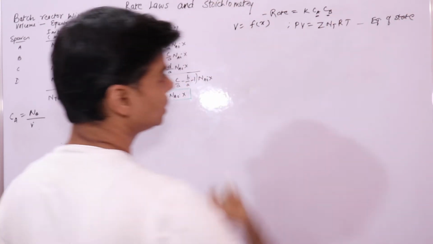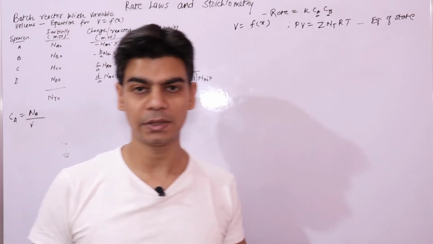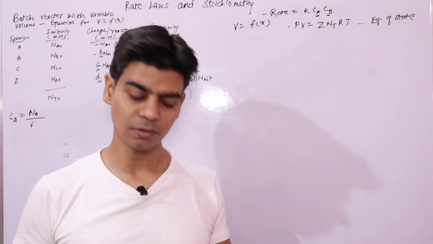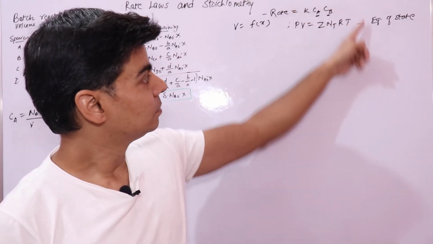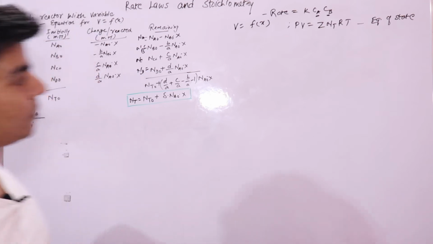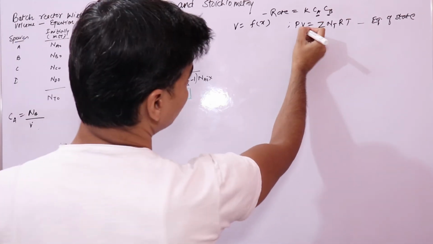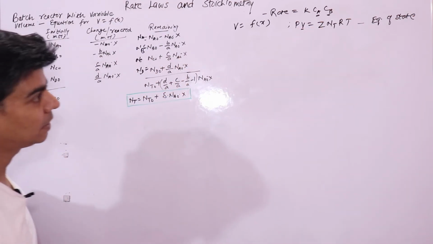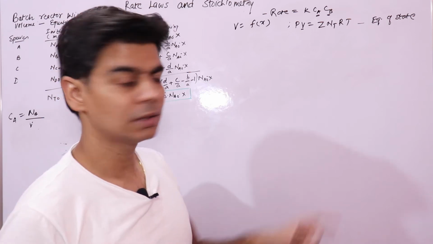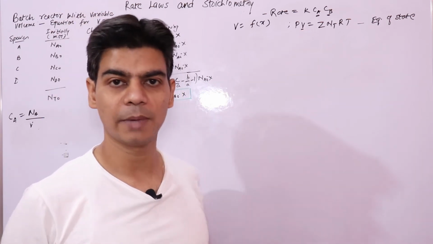Using this equation of state, we will find volume for a batch reactor, or volumetric flow rate for a flow system. For batch reactors we would be finding this volume V, and for a flow reactor it would be nu; volumetric flow rate is denoted by nu.